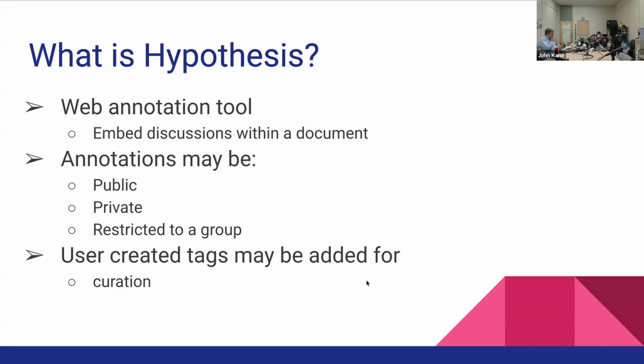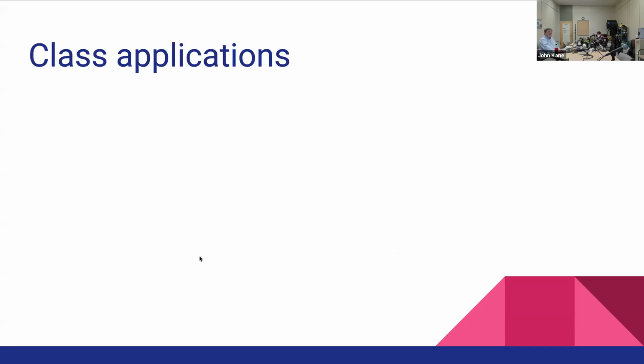For example, if you're asking students to provide a critical analysis, they could flag some things as evidence, some things as arguments, or whatever is relevant within your class. And you can use it to curate certain types of documents and materials, or paragraphs or parts of an article or reading, or for some type of analysis.